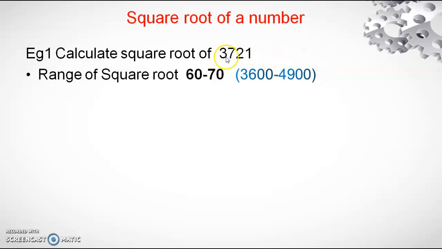So as this number 3721 is lying between these two numbers, therefore its square root will be between 60 and 70. So my answer will be either 60, 61, 62, like that up till 70.